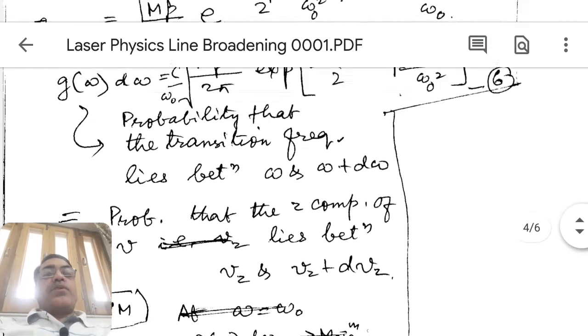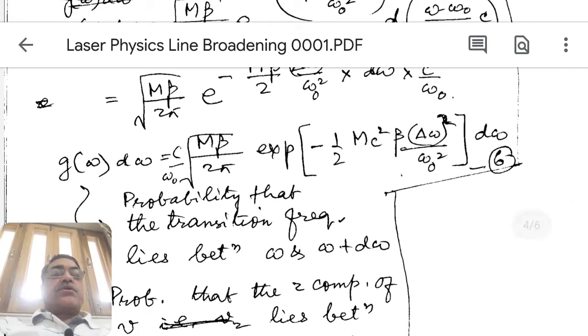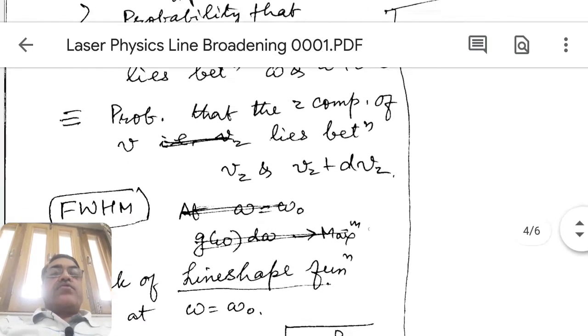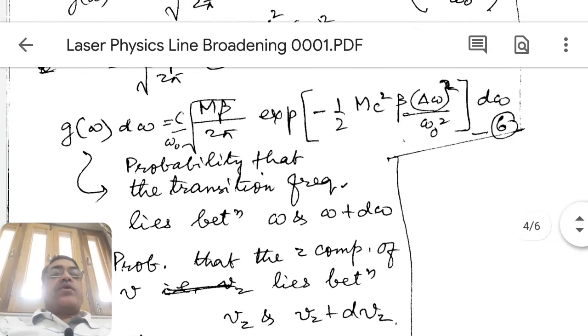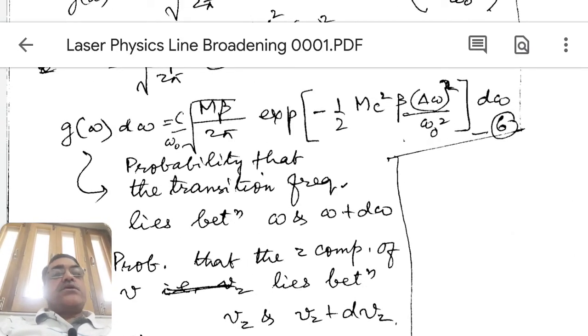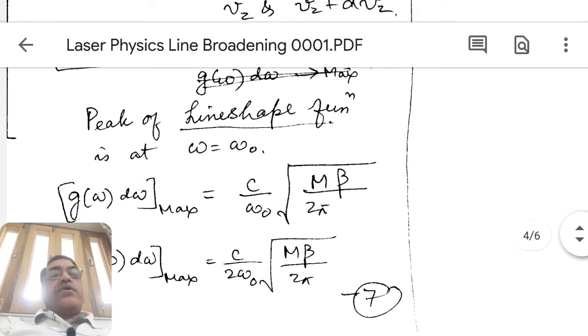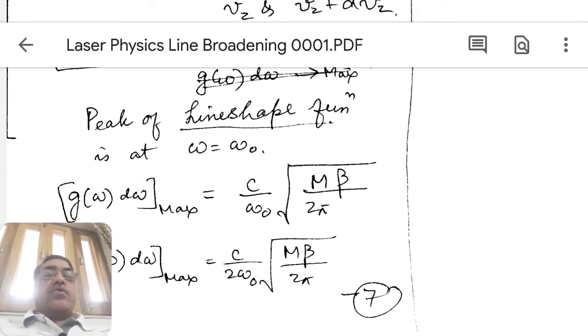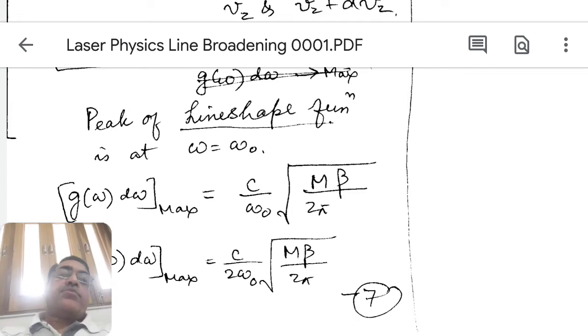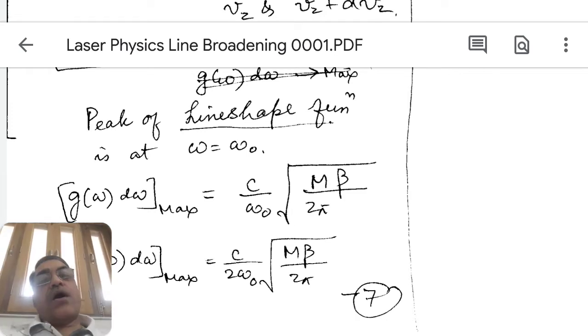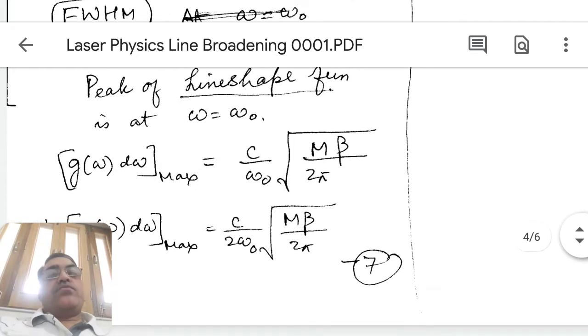Now to obtain the full width at half maximum from this line shape function, we know that the FWHM is obtained at half the maximum value.